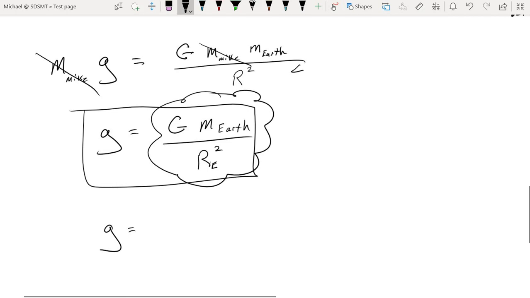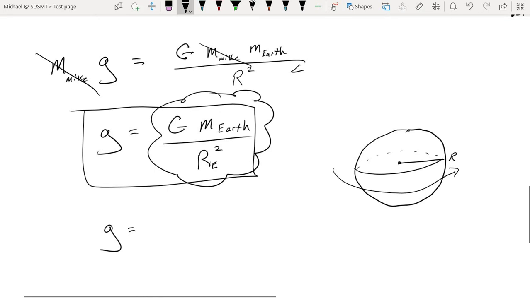Now, if you were to look up the mass of the Earth, the radius of the Earth online, you're probably going to see a pretty varied range of values. And that's because, first of all, the radius of the Earth is a little bit bigger at the equator than it is at either of the poles, and that has to do with the Earth spinning.